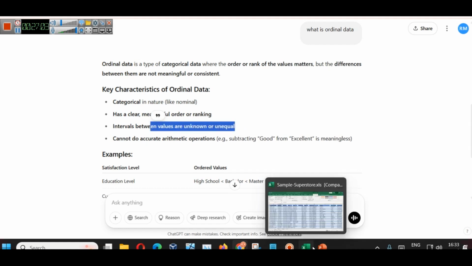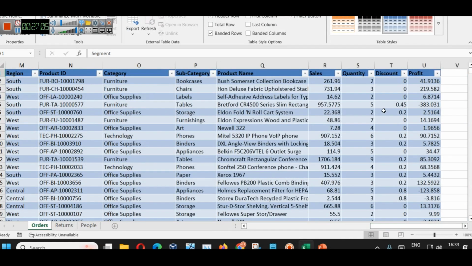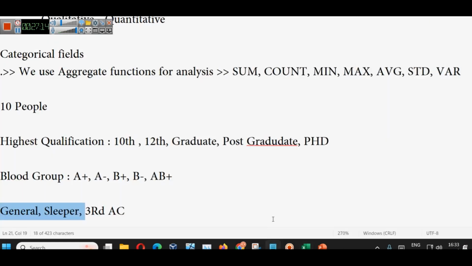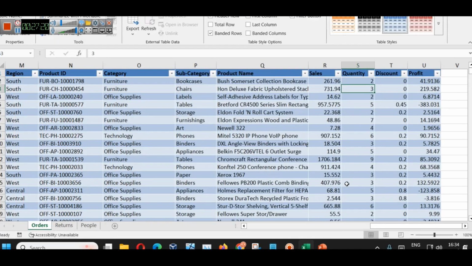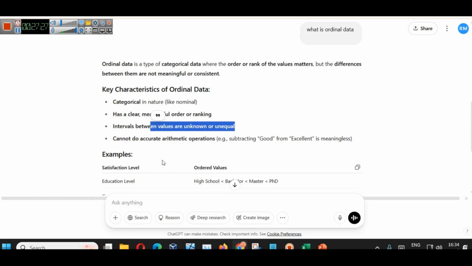For example, in a numerical way, we know the difference between 2 and 3, right? That difference is 1, but we cannot do that numerical difference between 10th and 12th, right? Or graduate. Obviously, if we apply the number of years needed to complete them, we can do that, but it is not necessarily quite evident there.